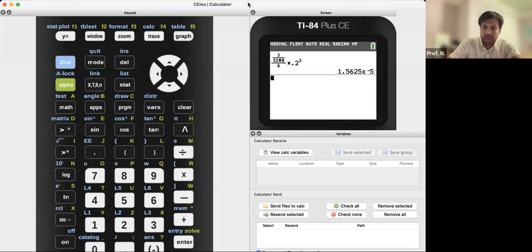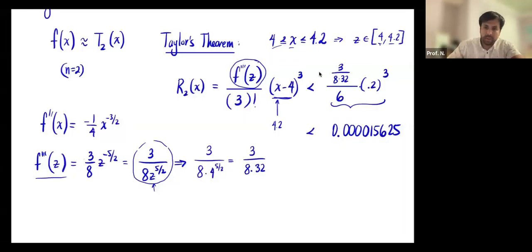So let me bring up my other screen. What we're saying here is that Taylor's theorem says the error bound is at most 0.000015625 of a difference. So what is this saying?